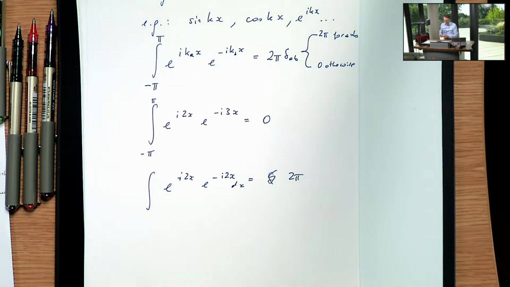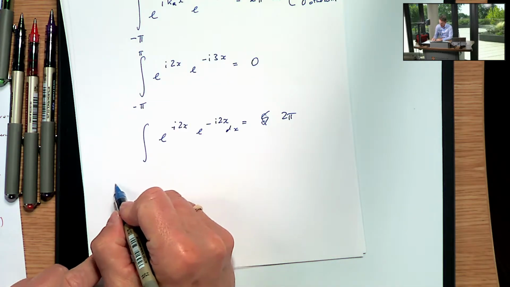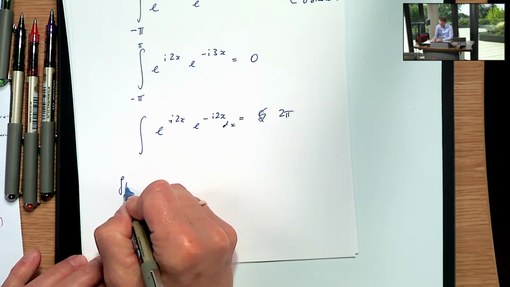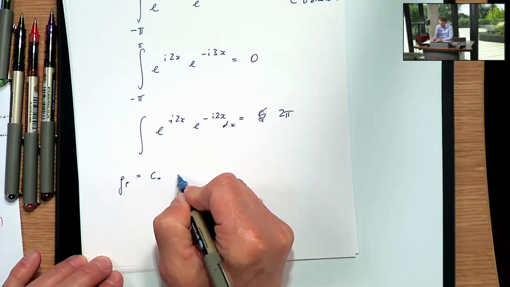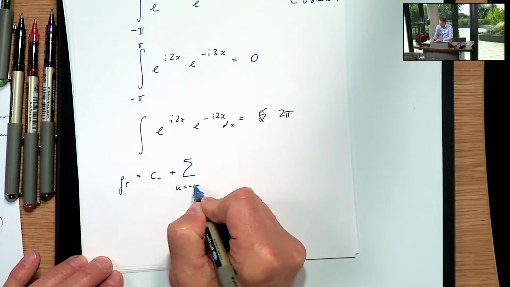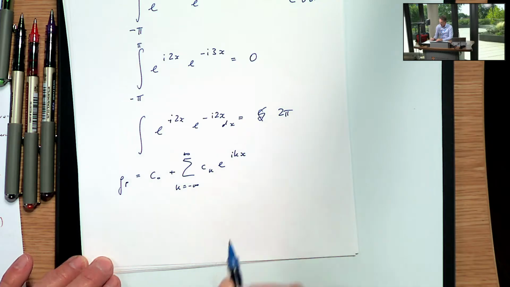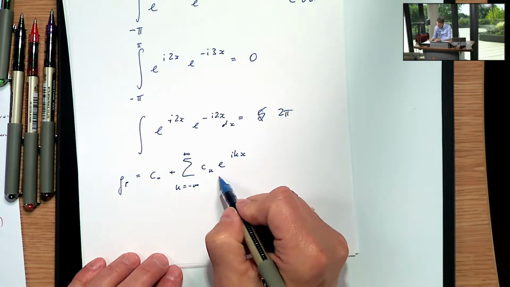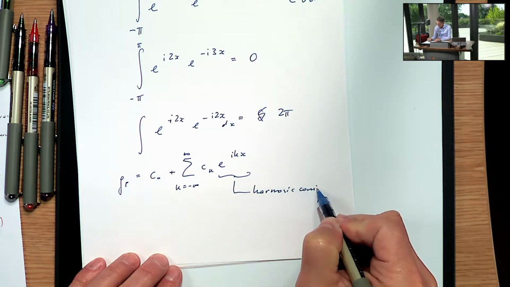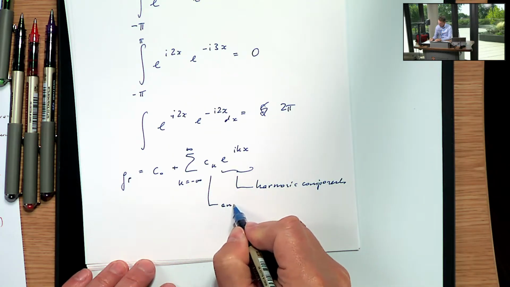Okay, and so if I have such an orthogonal set of periodic functions, then any other periodic function can be synthesized by components, the sum over k equals minus infinity to infinity of c_k e to the i kx. And so these are harmonic components, like sine waves. And these c_k are the amplitudes of each component.